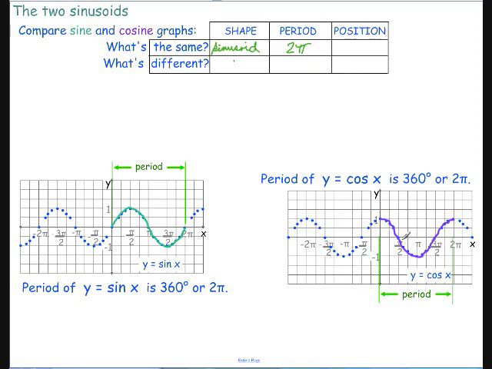It has a shift of 90 degrees, or it's got a pi over 2 horizontal shift. We're going to talk a lot more about shift as time goes on. So really the only difference between these two is where they are located on that coordinate plane.